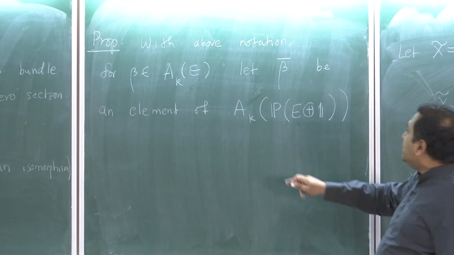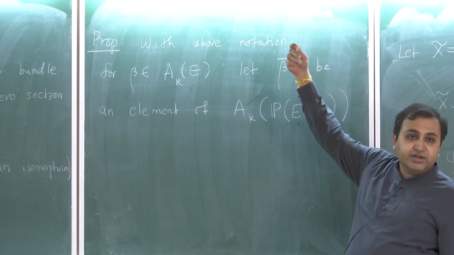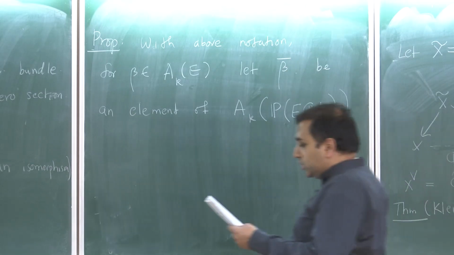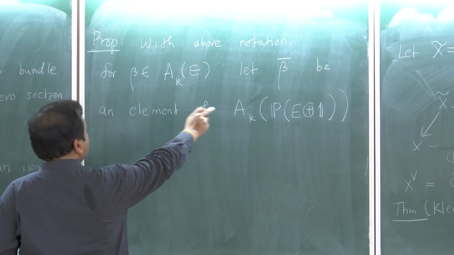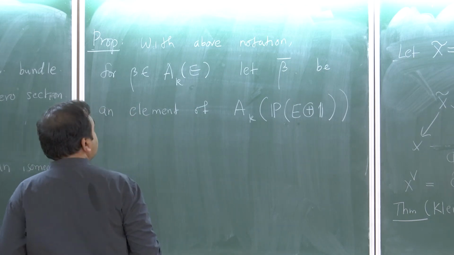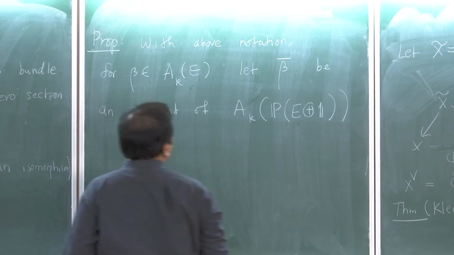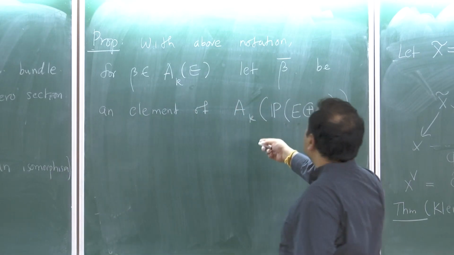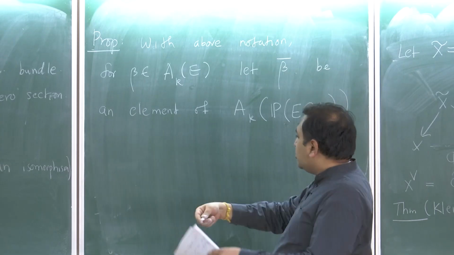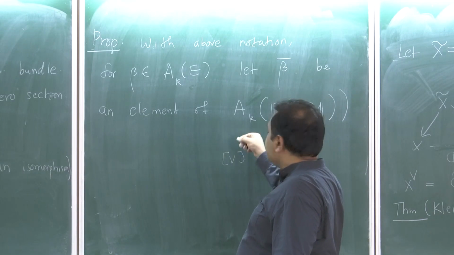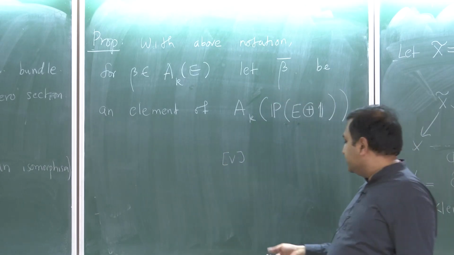The complement of E in this is the hyperplane at infinity, which is P(E). Anyway, you can always find such a beta bar. One way to do it is to write beta as a sum of subvarieties; if you have some V in here, you could just take V closure, and that would be good enough.